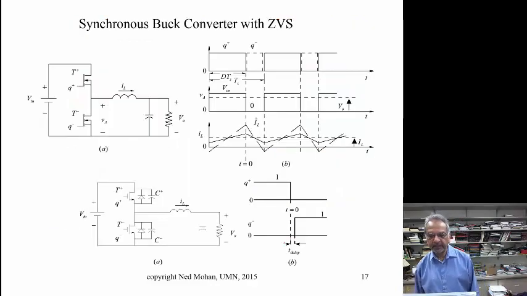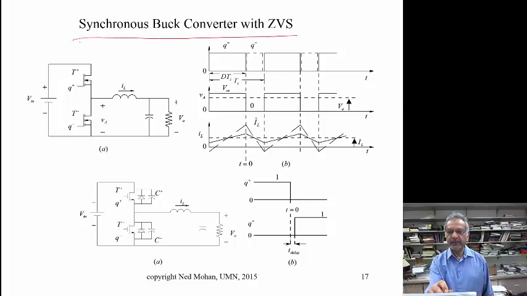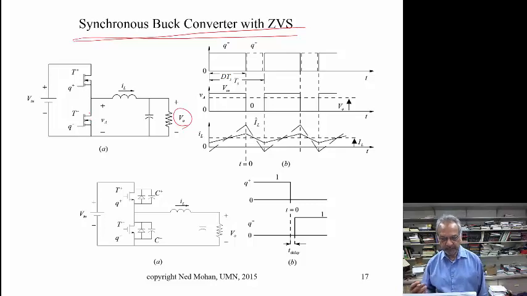So let's look at these principles and apply them to a synchronous buck converter. So we know why we use a synchronous buck converter when the output voltage is low, instead of having a diode and living with that diode voltage drop.